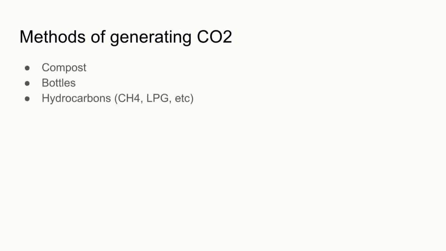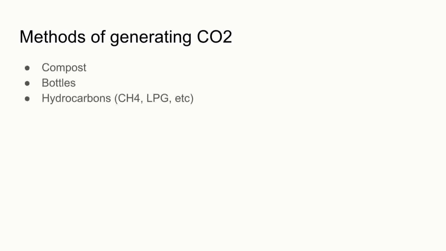You can also get CO2 from bottles. This is typically more expensive, and the least expensive and the most productive way is to take a hydrocarbon, which could be methane, which is CH4, or natural gas, which is mostly methane but has other things in it, including propane, liquid petroleum gas, and other types of hydrocarbons.